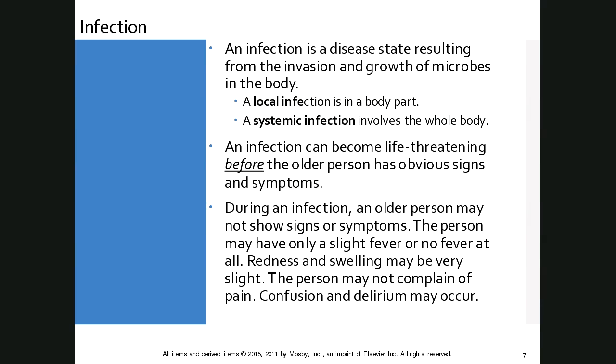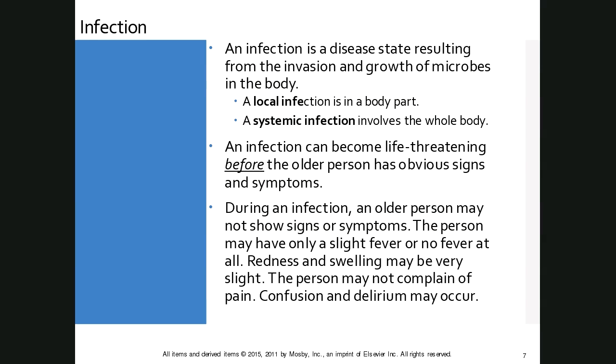An infection can become life-threatening before the older person has obvious signs and symptoms. That's why it's sometimes harder to detect an infection, because you may not get the signs and symptoms until late in the process.